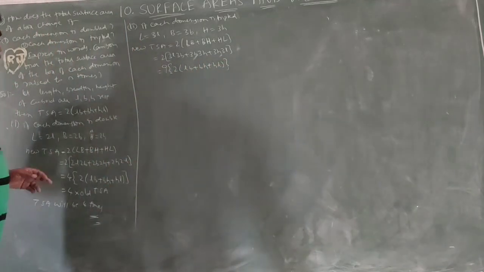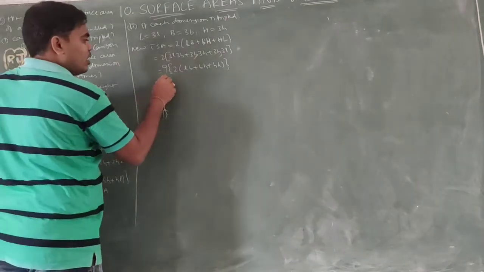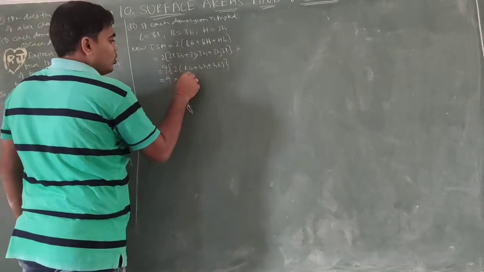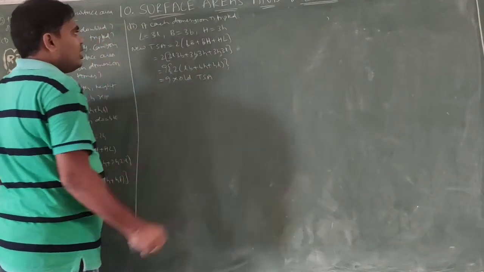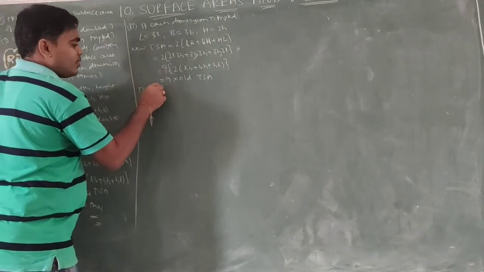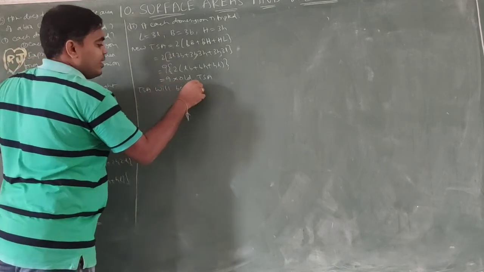This is 9 times the old TSA. So if each dimension is tripled, then TSA will be 9 times.